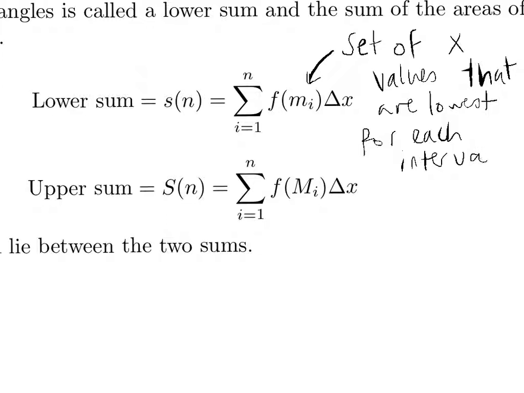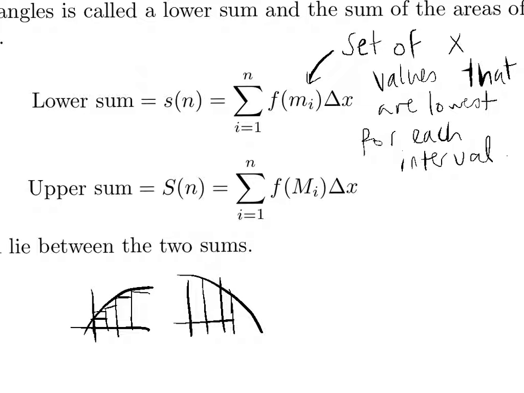So depending on the kind of function you have, that might be the right endpoints, it might be the left endpoints, it might change depending on the function, right? If the function is increasing, the lower sum will be the left endpoints. And if it's decreasing, the lower sum is going to be the right endpoints, okay.